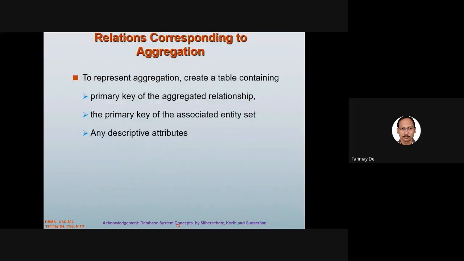So next one is the aggregation. How we can convert aggregation from ER diagram to tabular form. To represent the aggregation, create the table containing the primary key of the aggregated relationship, the primary key of the associated entity set, and any descriptive or local attribute if there is one.